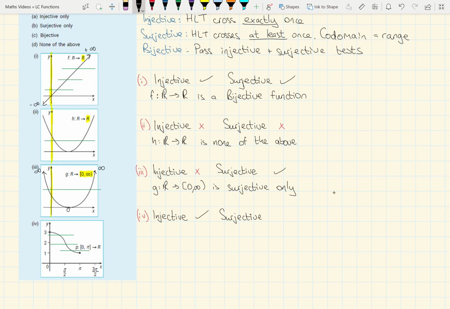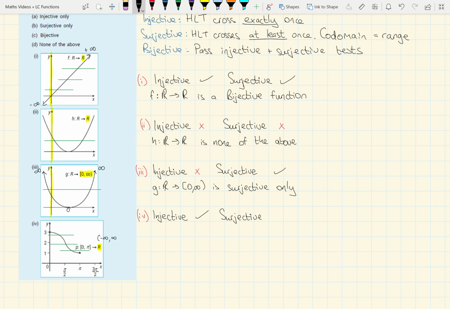It crosses at least once on our horizontal line test, so we're good there. Now I need to check if my codomain is equal to my range. They tell me my codomain, the possible outputs, is the set of reals, so minus infinity to plus infinity.